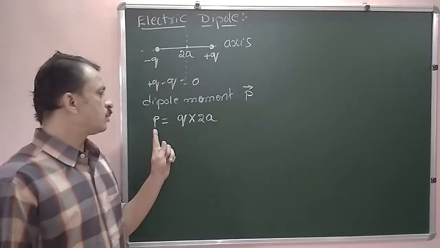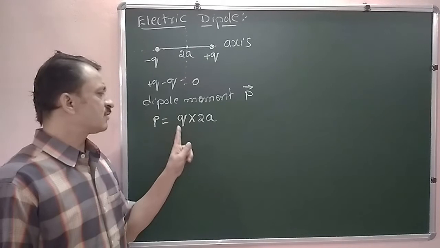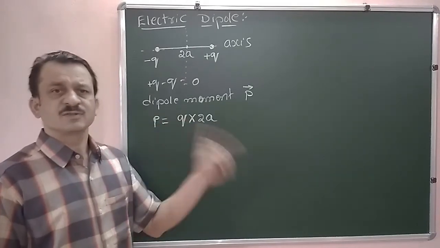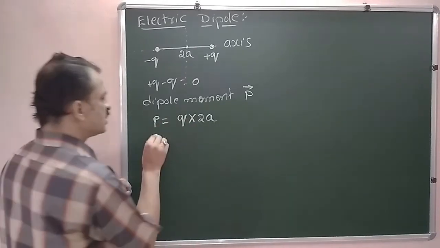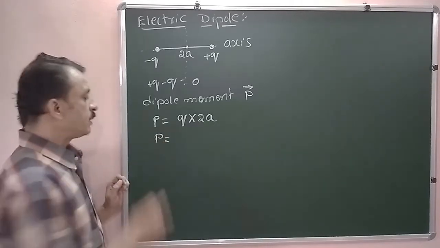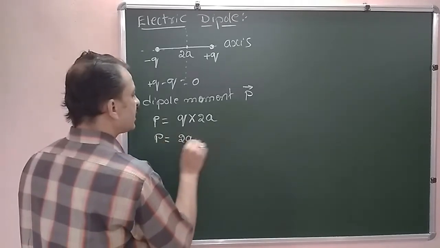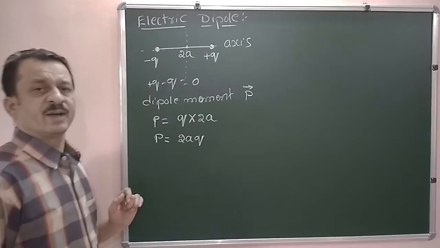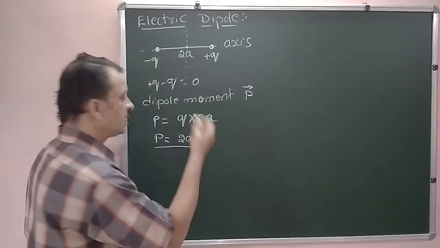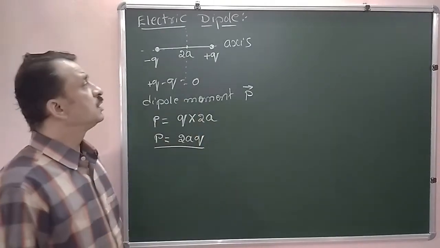Therefore, the magnitude of dipole moment P is equal to 2aq. That is the dipole moment.